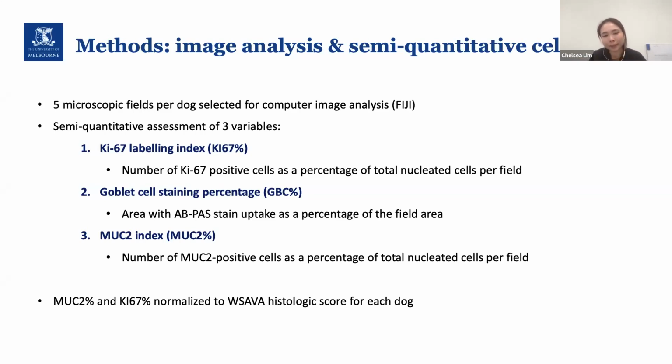As the semi-quantitative assessment of these 2 variables involved counting the number of nucleated cells per field, normalization of these variables aimed to account for the severity of inflammatory cell infiltrates, which could artificially lower the labeling percentages per field by a dilution effect.